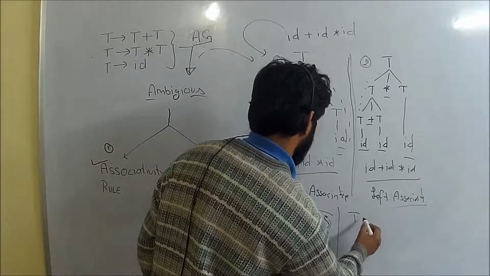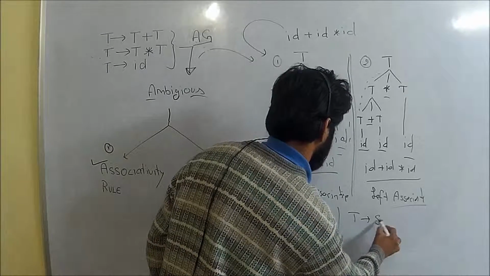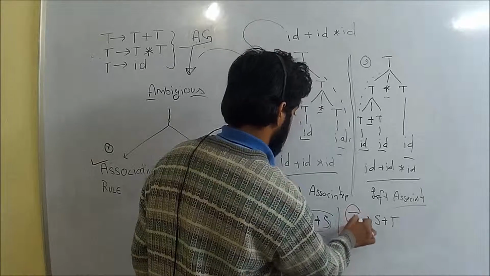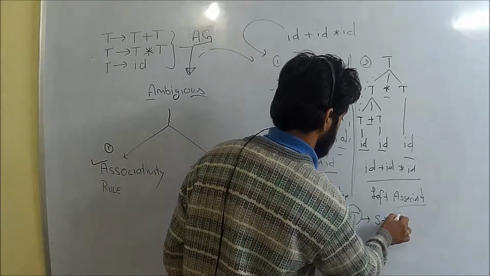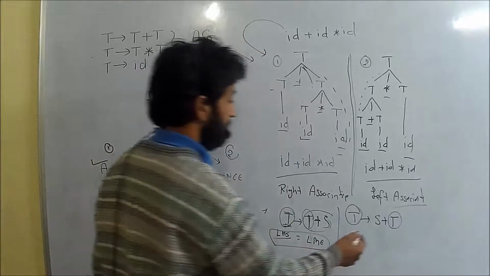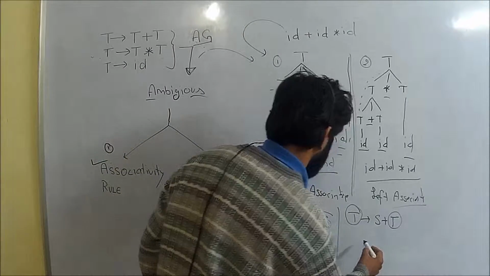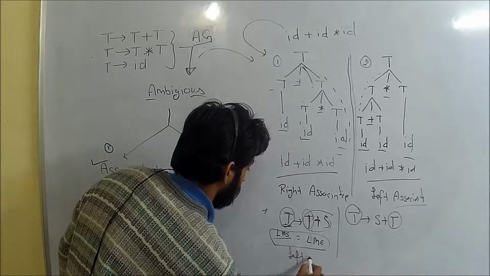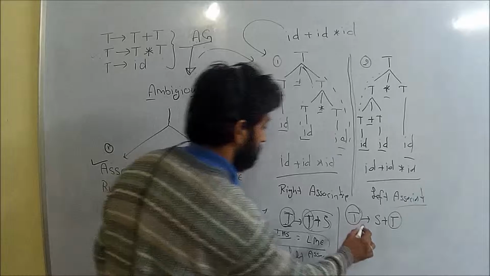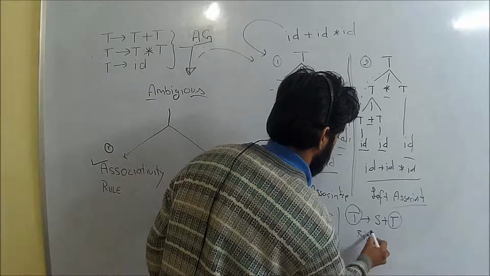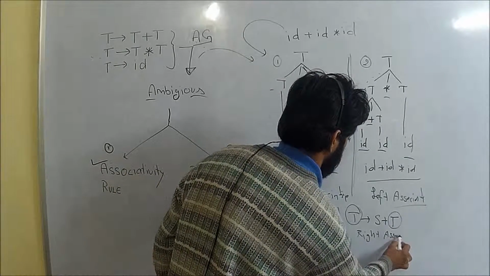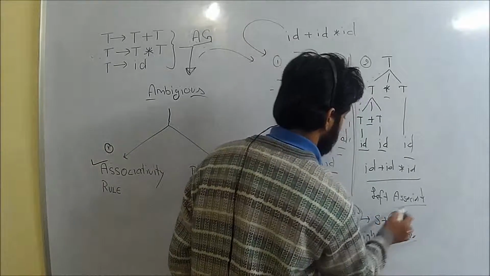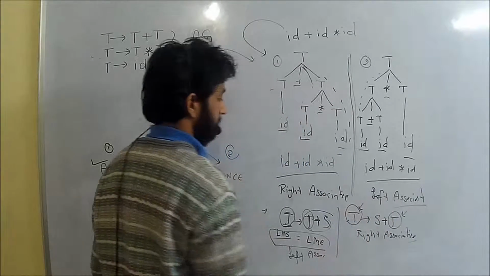And if I have T derives S plus T, then the left hand side element is the same as the rightmost element of the production, and this one is right associative, because the rightmost element is similar to this side.